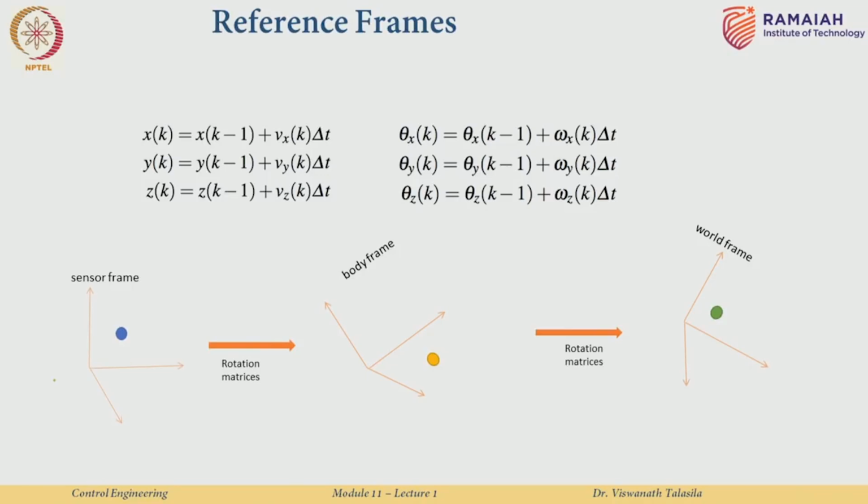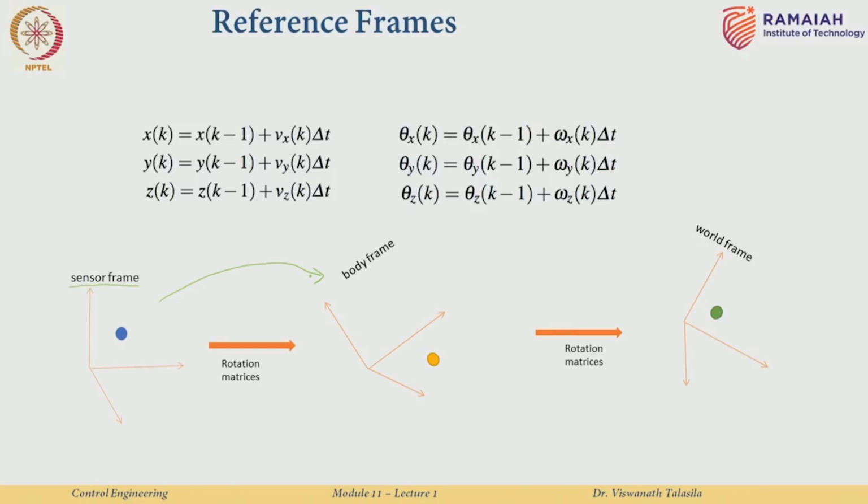The way that people address this problem in navigation is, when a sensor measures the acceleration and angular velocity in all three axes, we transform the measurements usually first into the body frame, into the aircraft or the robot. So, we know exactly what is the measurement of the aircraft movement.